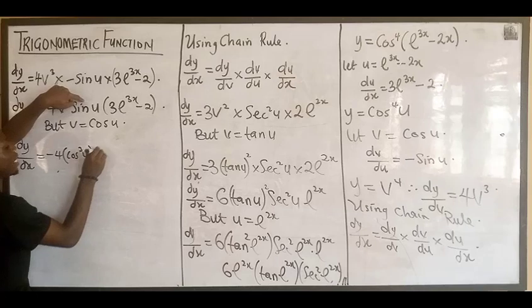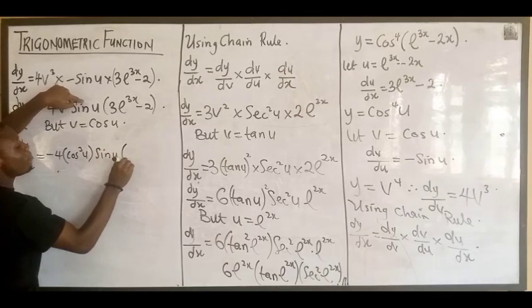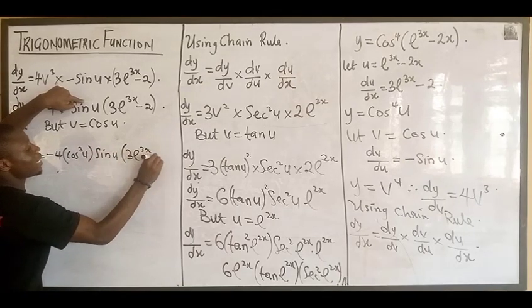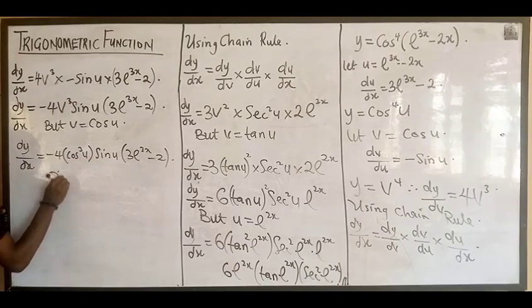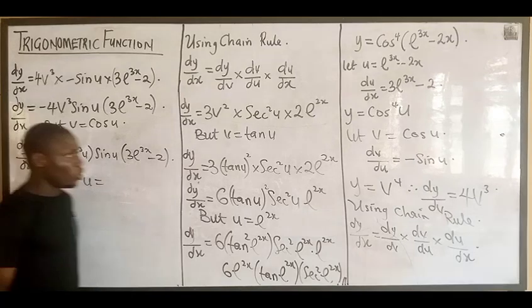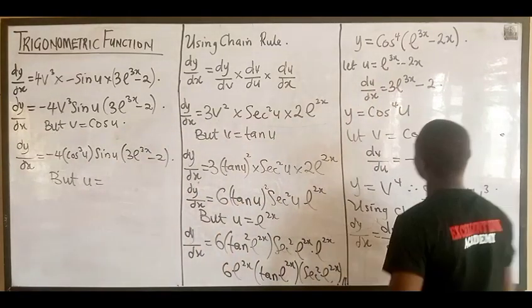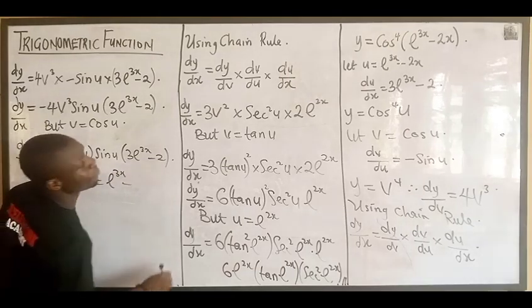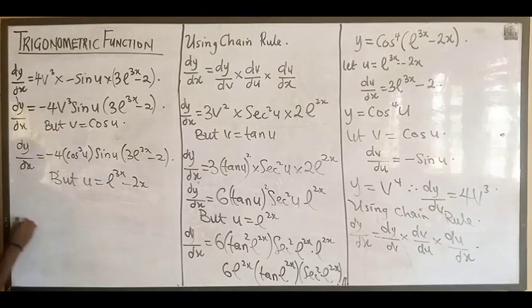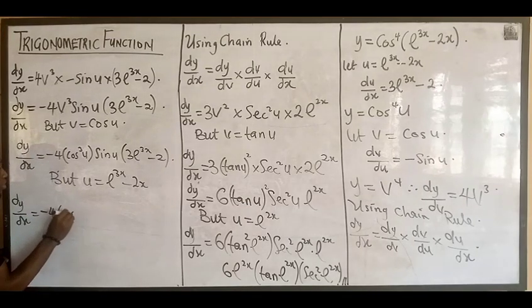I'm done with this. Next up, sin u. Finally, 3 exponential 3x negative 2. Of course, take u back to x. But u was equal to what? u was exponential 3x negative 2x. Finally, dy/dx will be equal in value to negative 4 cos cubed.